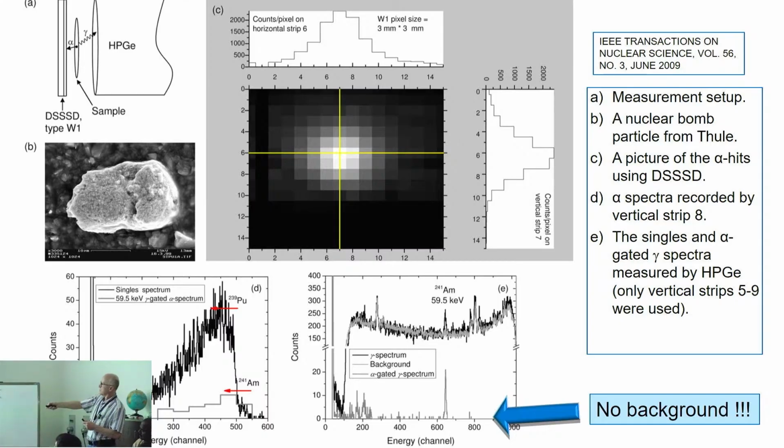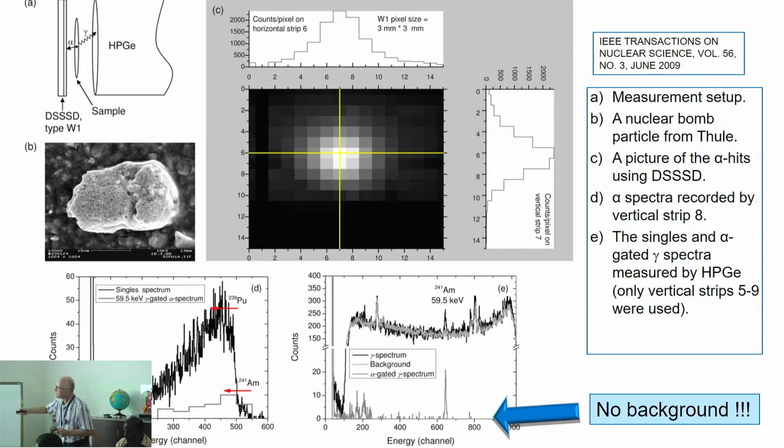In this case, picture E, it's a singles, which means it's a raw spectrum, singles alpha spectra. It is this black one here.